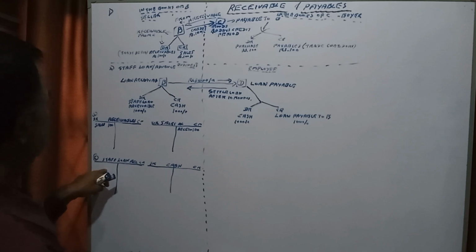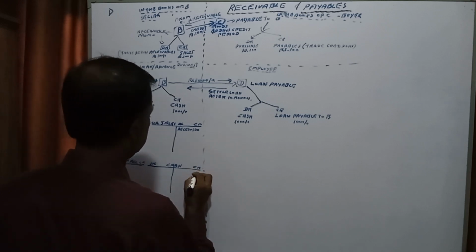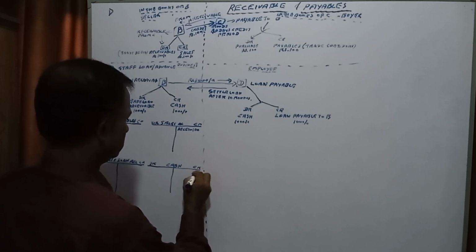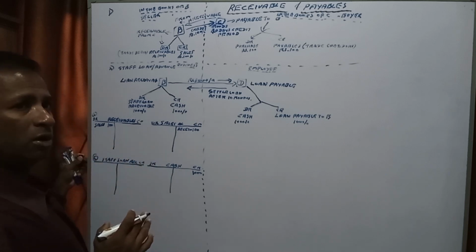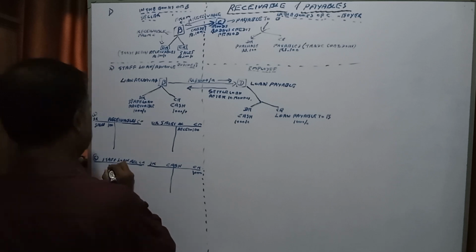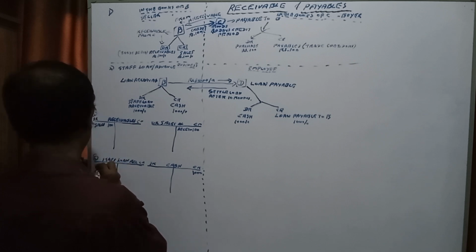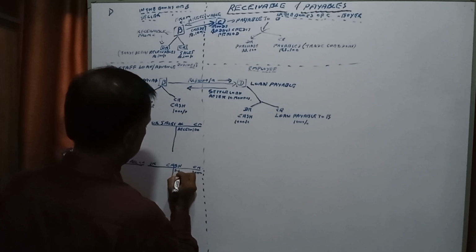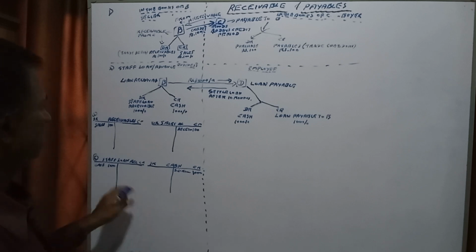You are issuing cash, you are giving cash of 1,000. That means cash account credit, cash is going out, so cash is 1,000, right? Then the second, where you will debit the amount, that is the staff loan account. Debit staff loan receivable 1,000. Here you will say cash, here you will say staff loan receivables. That is the double entry for number two.